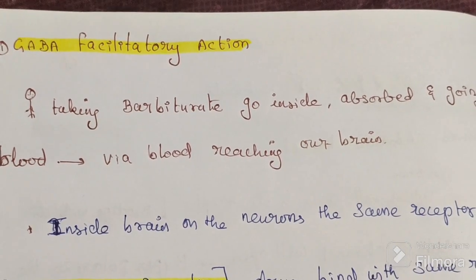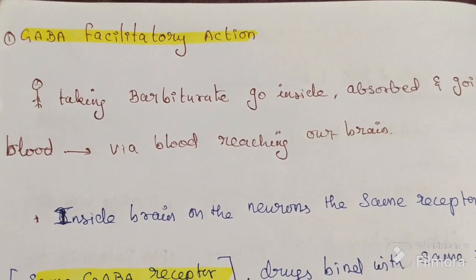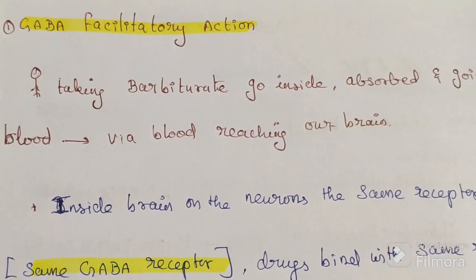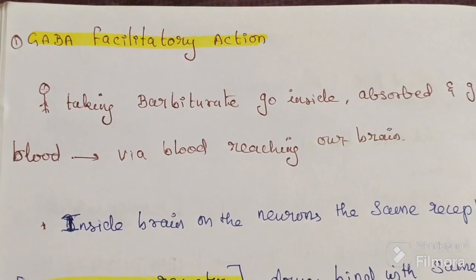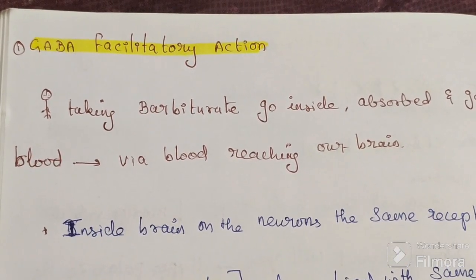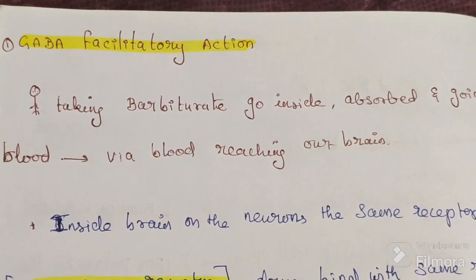The drug which can increase GABA or decrease glutamate, so the person can sleep. So the doctor gives barbiturate. This barbiturate increases GABA by two methods. It also inhibits glutamate. So this is a triple action of barbiturate.